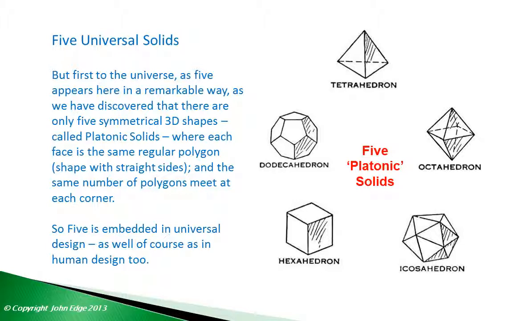And so you can see all five of them here. I won't go into the complicated description of them, but isn't it fascinating that five appears in our universe in this interesting way, and then of course also appears in the human design as well.